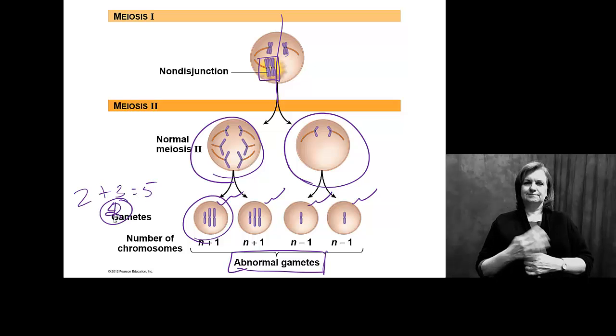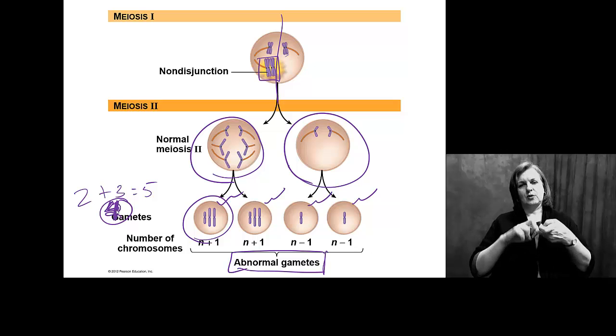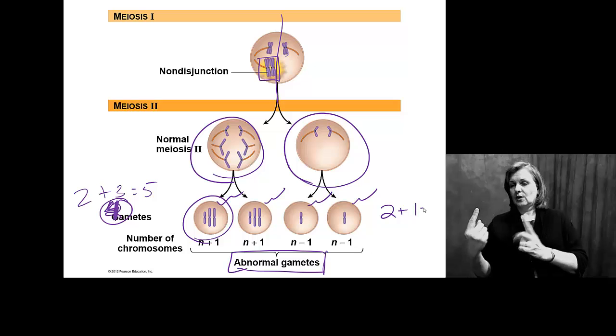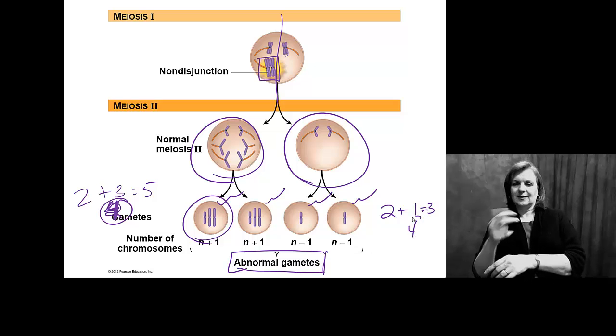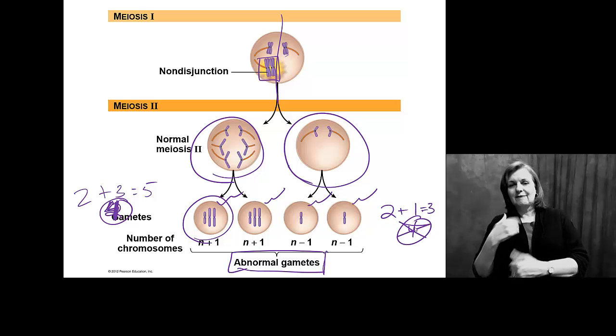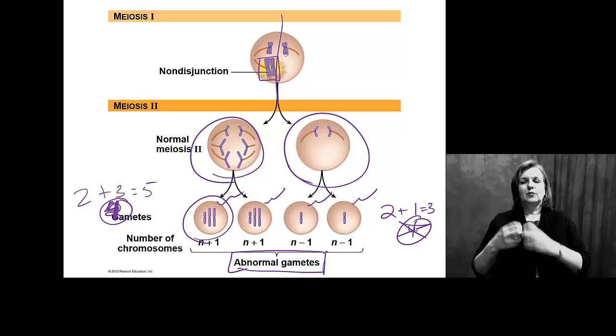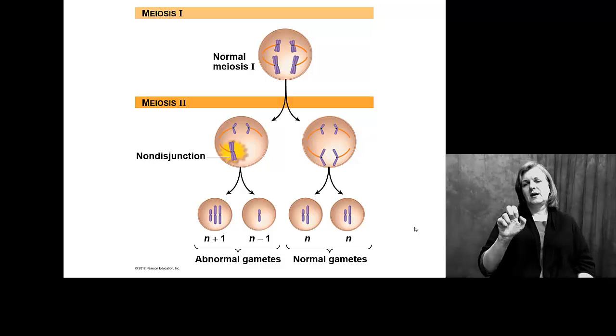You're supposed to have 4. So this leads to great complications. In this case, 2 plus 1 gives you 3. You still don't have the 4 that you were supposed to have. Again, some complications could arise. Potentially, the child would not even be born.